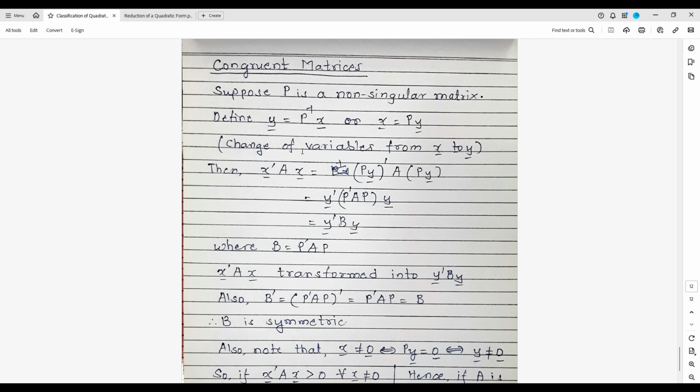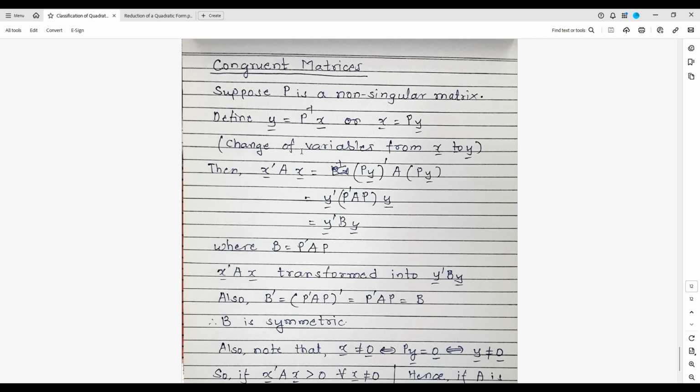So why are we considering this? So far we have considered quadratic forms in vector x. What if we make a transformation from x to y, where this is a non-singular transformation, in the sense the transformation can be written as a matrix multiplied by the original vector.